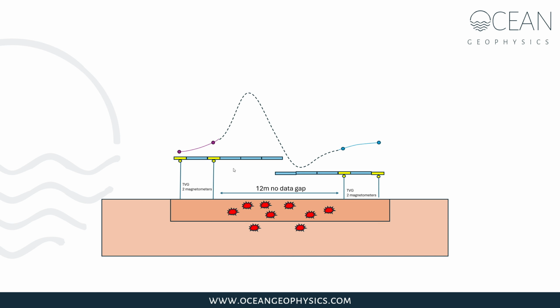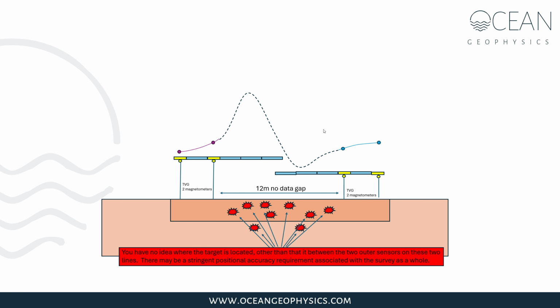Furthermore, you actually have a huge no data gap between these two lines, maybe up to 12 meters, maybe up to 14 meters if you have an 8-meter spherical range and a low altitude. So you actually have no idea where the target is located, other than that it is between the two outer sensors of these two lines.